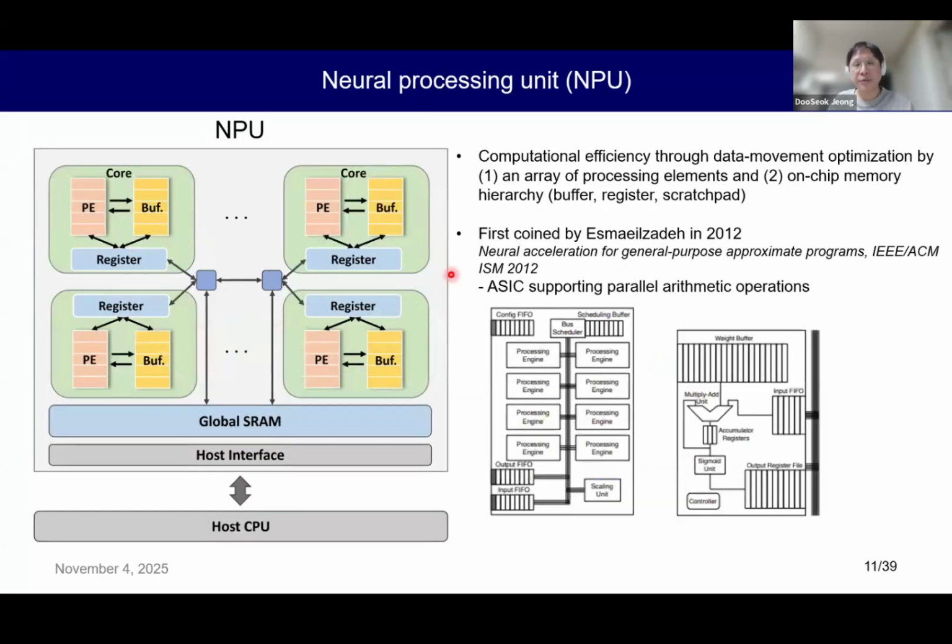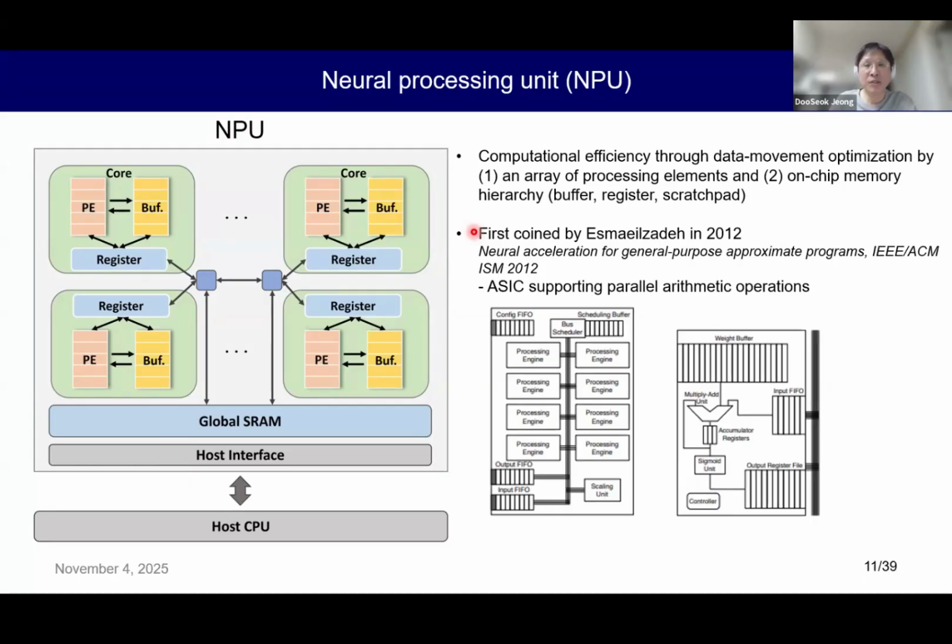So what about NPU? NPU is dedicated to a specific operation. CUDA core is versatile. You can do a bunch of different operations, but with a single instruction you can apply that single instruction to multiple data. But NPU is dedicated to that specific operation, right? That specific operation is, of course, either matrix multiplication or matrix vector multiplication.